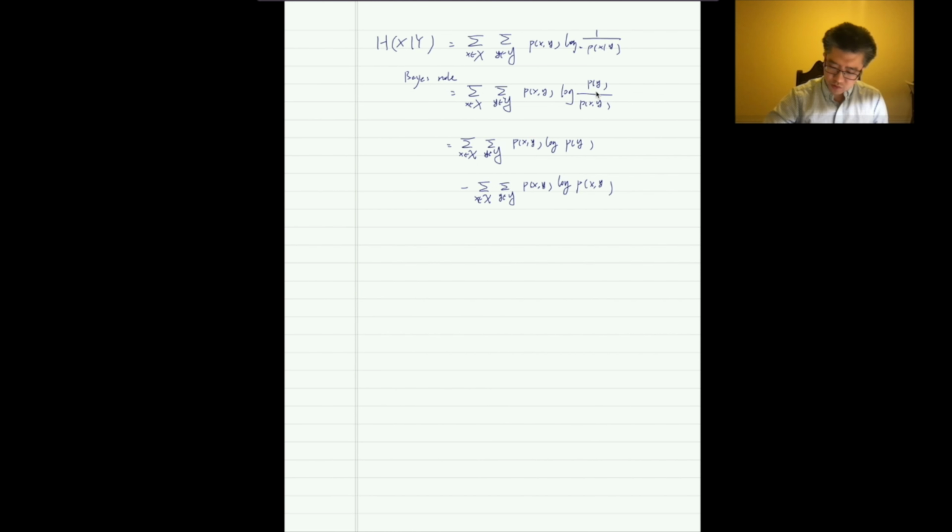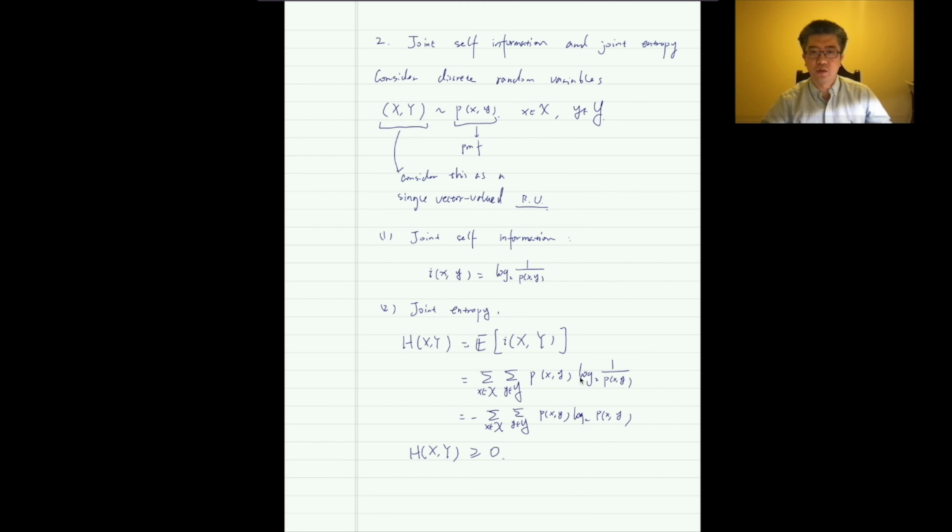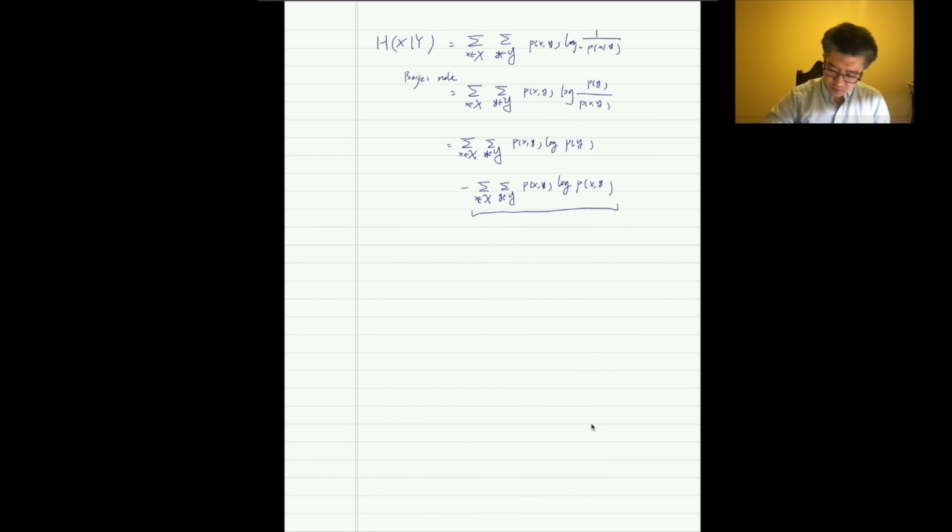Okay, so what's that? We have seen that before, right? Remember? When we talk about joint entropy, we see something like that, right? Therefore, we need to include the minus sign, so this term equals nothing but the joint entropy.